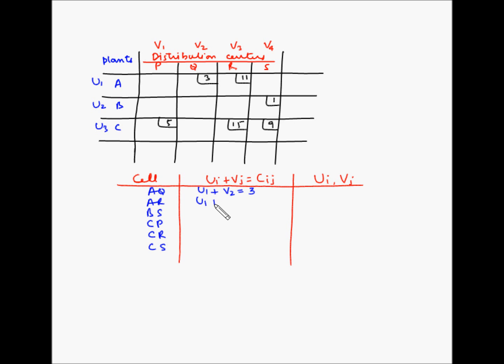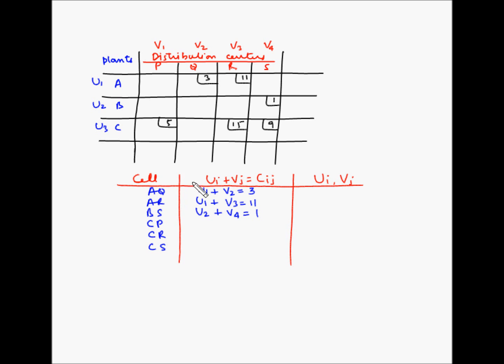So U1 plus V3 is equal to 11. For BS, Ui is U2 and Vj is V4 and Cij is 1. So U2 plus V4 is equal to 1.